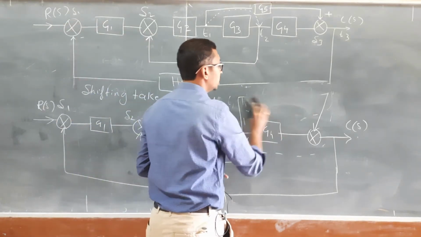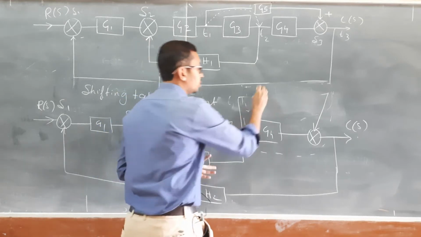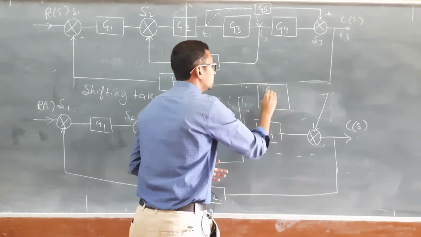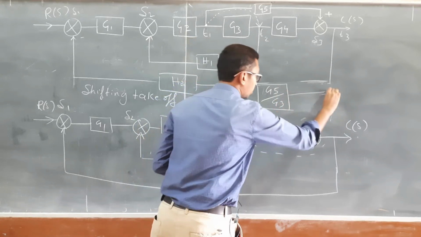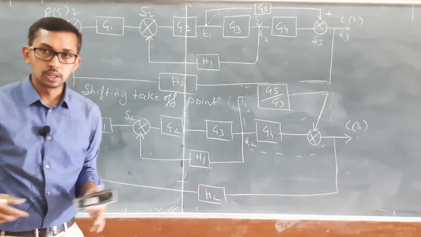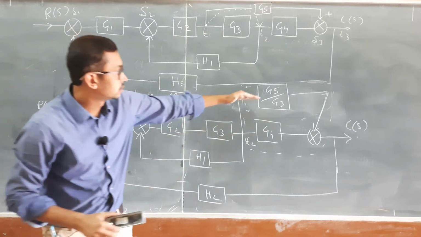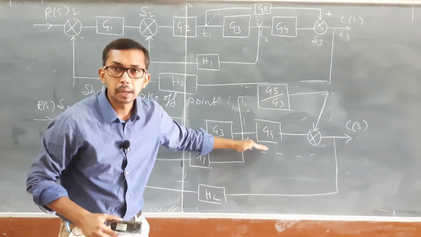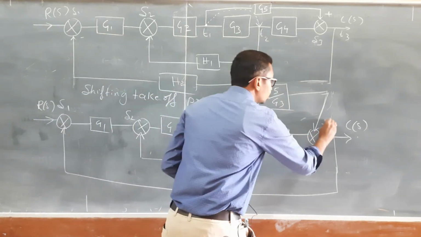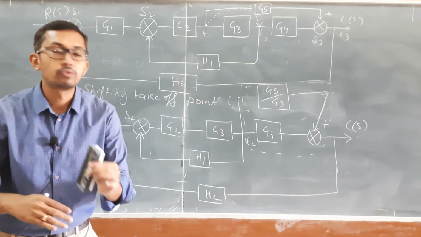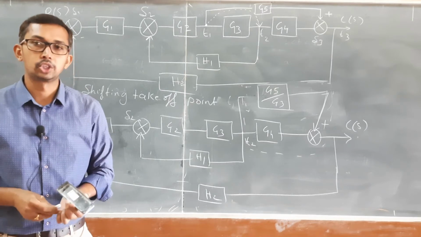I am going to erase this one and rewrite this one as G5 by G3. Apply the two rules. Now what am I going to do? These two blocks are in parallel, so we have to do the algebraic summation.